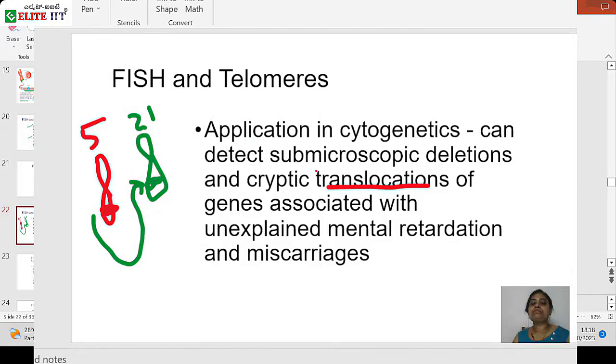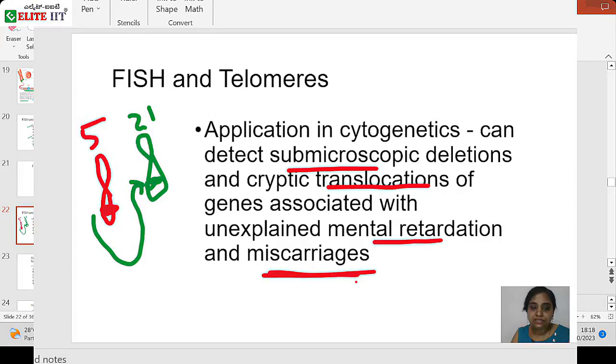Now what is happening? Another application in cytogenetics: it can detect submicroscopic deletions and cryptic translocations of genes associated with unexplained mental retardation and miscarriages. So, due to mental retardation and miscarriages, what is the reason behind that?